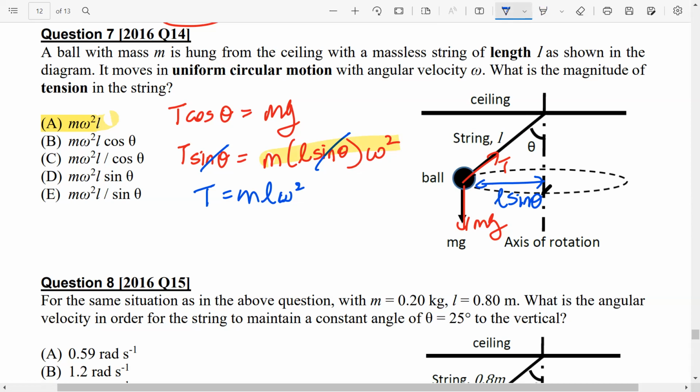Okay, 2016, the questions were a bit interesting. They were related to each other quite a fair bit. So that's why you have a question 8 here.